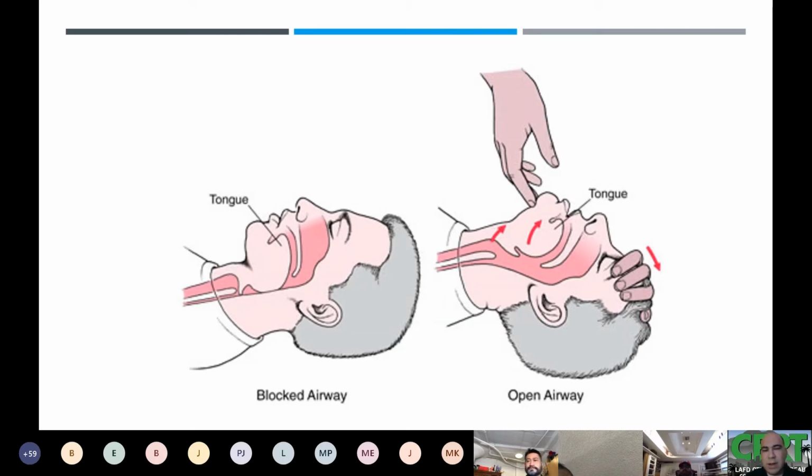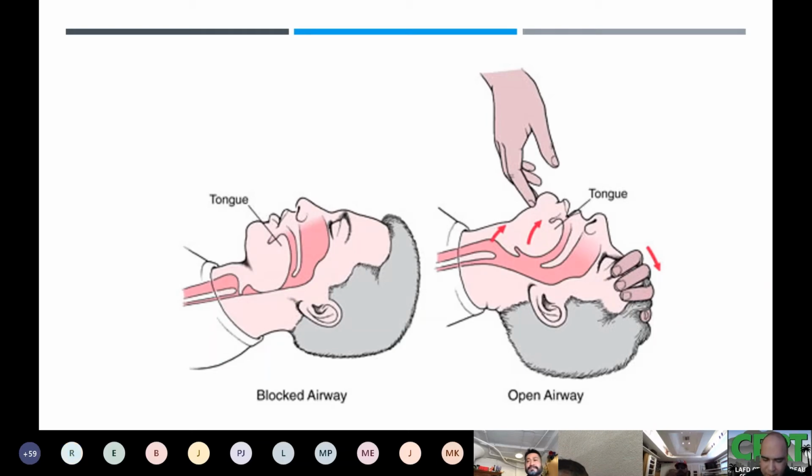You might not need to go this far. Simply lifting the back of their neck and tilting their head back should hopefully be enough to get their airway open. And I apologize, my neighbor is doing construction and has a bandsaw or something going on in the background.